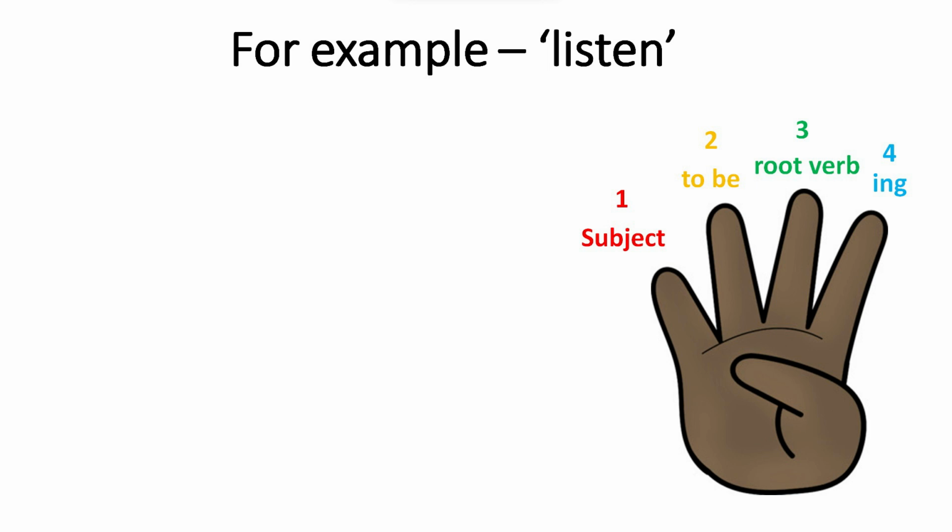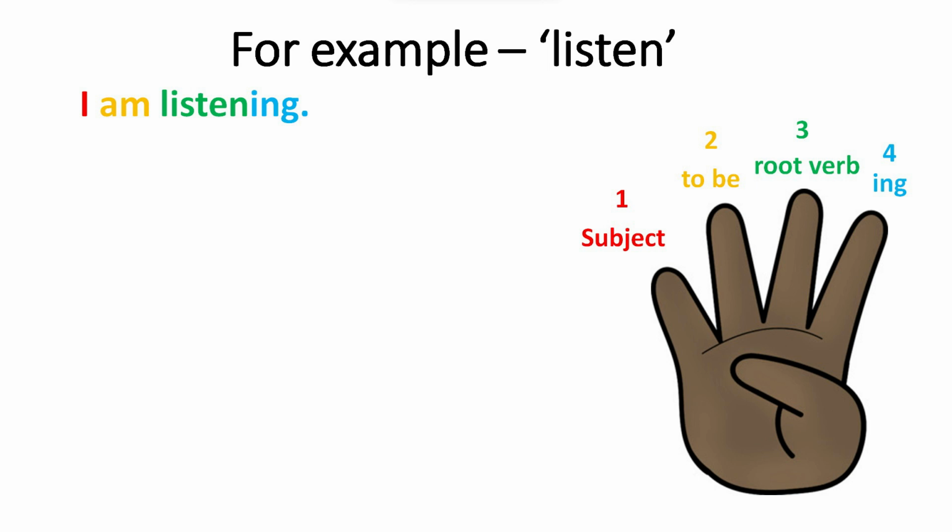If the subject is I, how could we make a present continuous sentence with the root verb listen? We would say, I am listening. Our subject is I, am is the verb to be, listen is the root verb, and then we add ing.